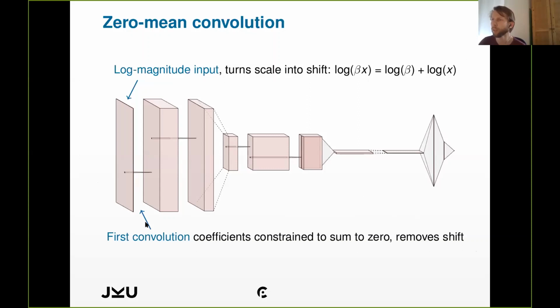And what I did then was, for every filter kernel in the first convolutional layer, I constrained it so that the filter coefficients sum to 0. This will mean that any offset, any constant shift will disappear. And this way the network becomes insensitive to input level changes.